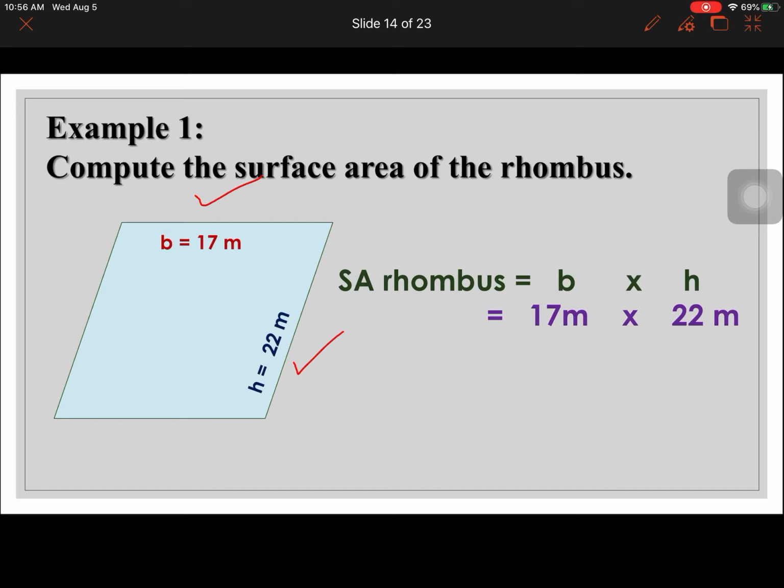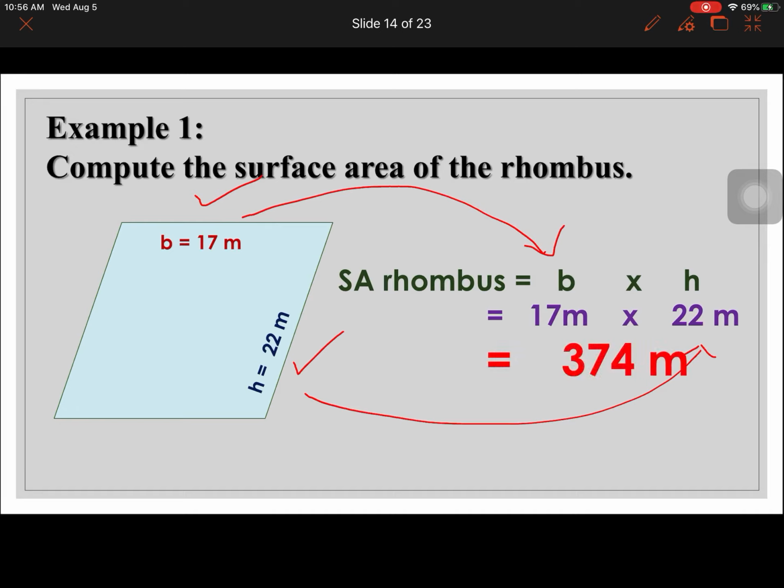Base is equal to 17 meters, while the height is equal to 22 meters. Kapag kinumpute natin, 17 times 22 is equal to 374 meters.